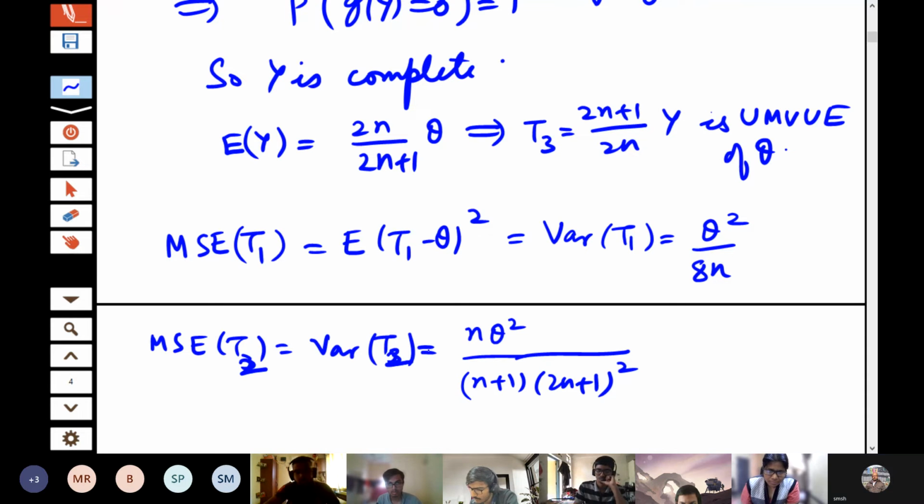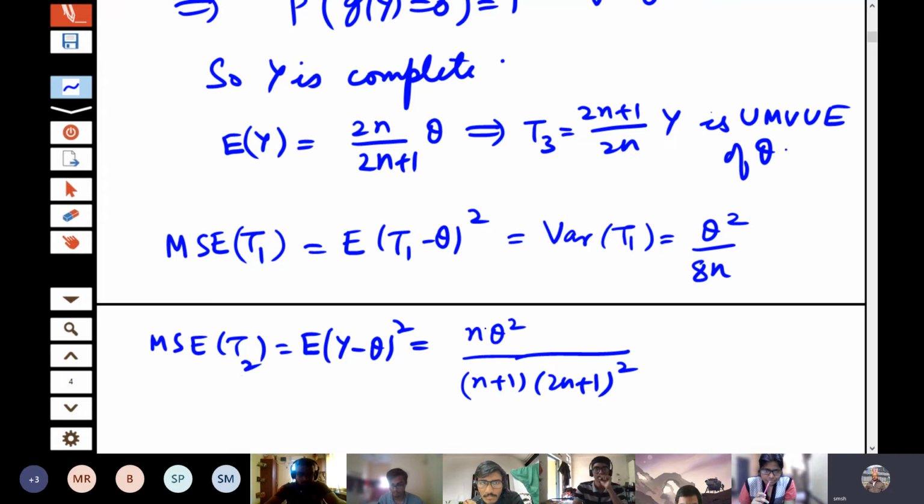T2, it is expectation of (Y minus theta) square. Okay.